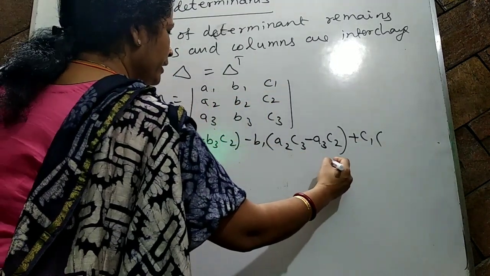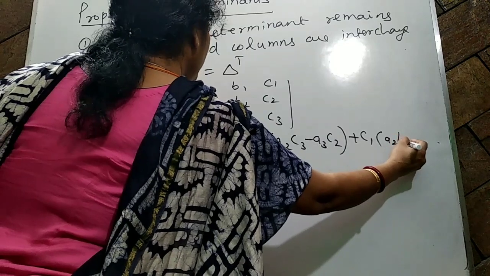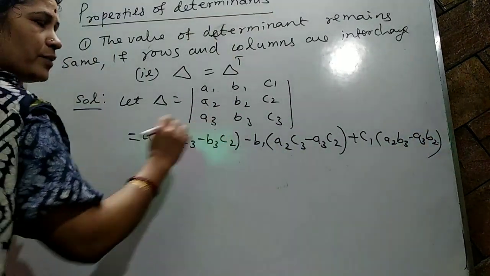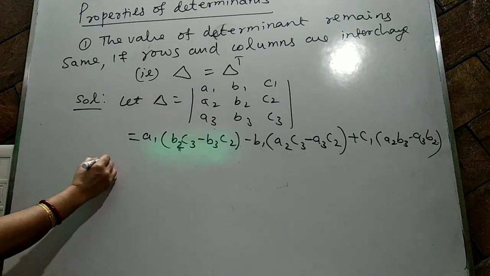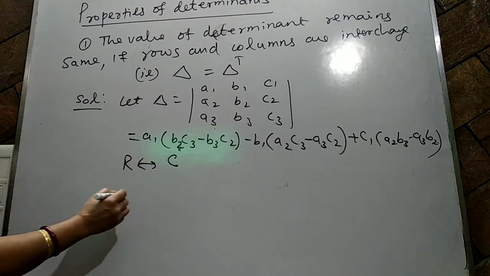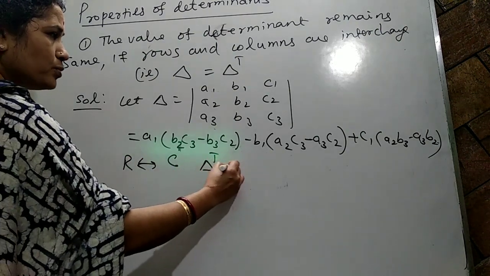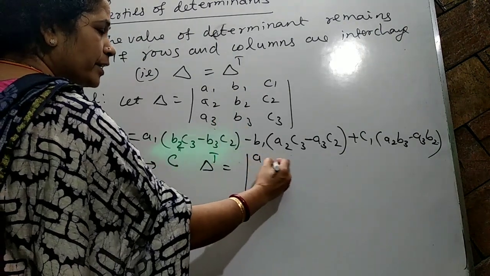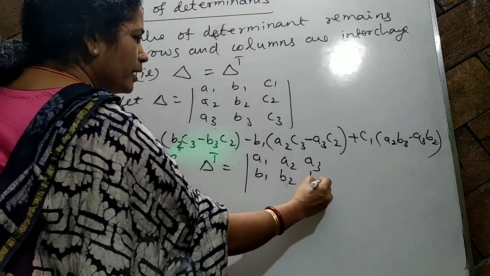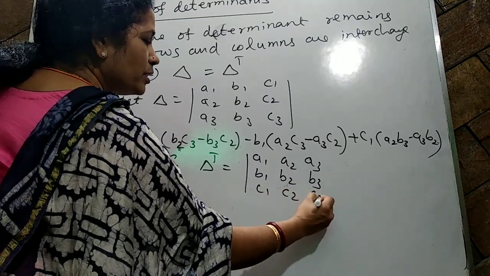What we will get, beta? A2 B3 minus A3 B2. Okay, fine. Now this is equation number 1. Now I am taking row goes to column and the column comes to row. So delta transpose equal to, what we will get? A1, A2, A3 and then B1, B2, B3 and then C1, C2, C3.